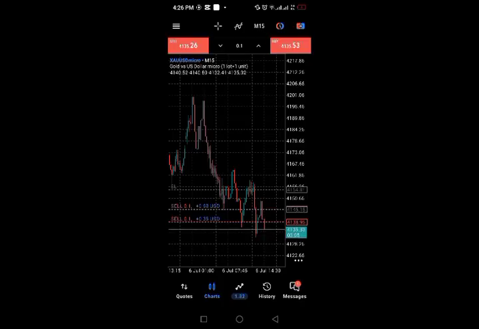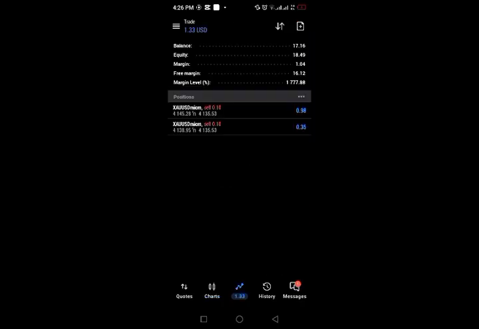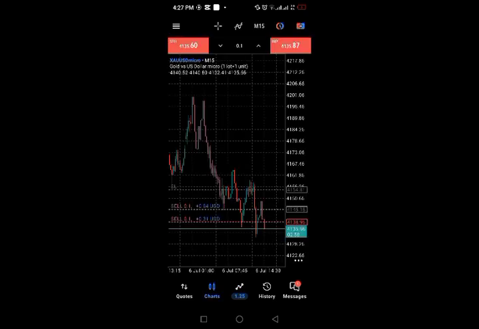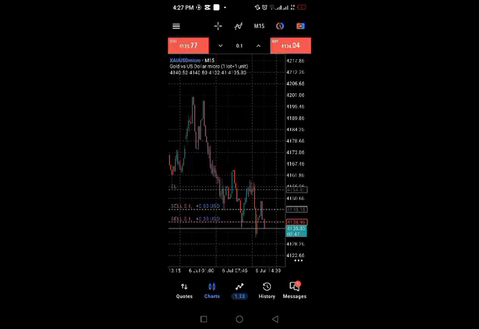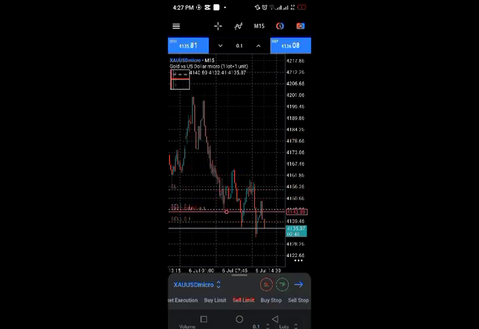A few moments later. We are still running in profit, even on the position we recently added. We are now moving our first SL to the point where our entry was, to reduce the risk or the loss.